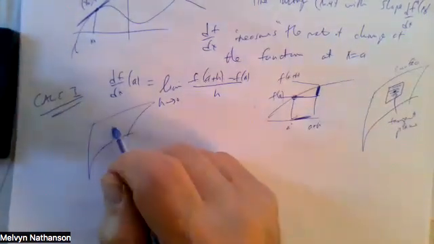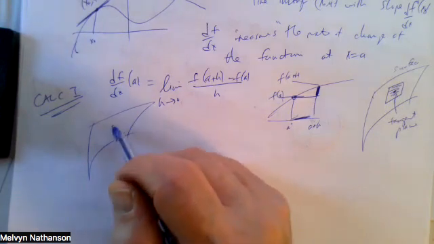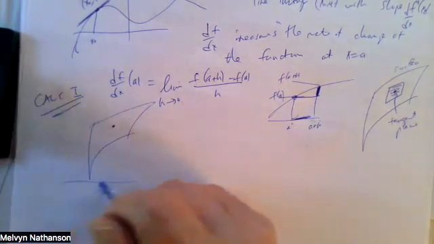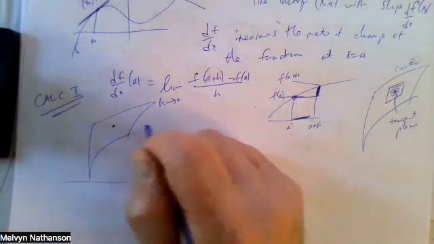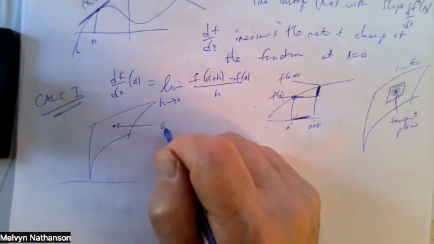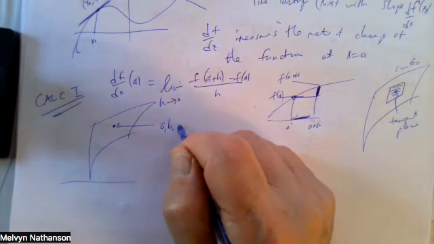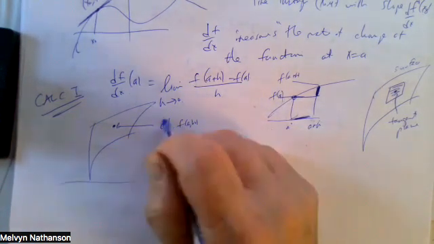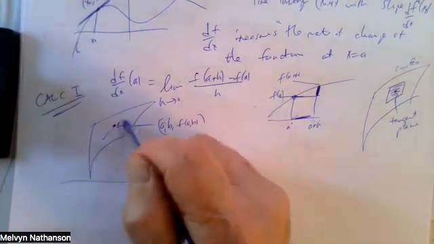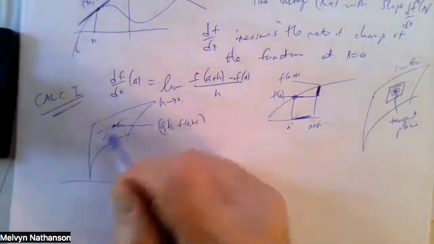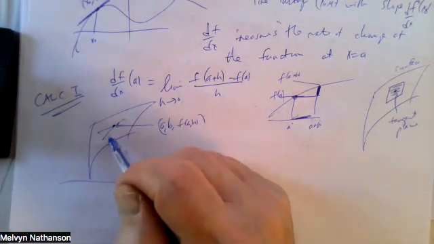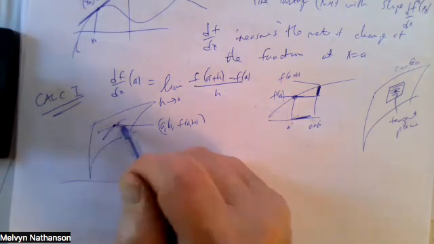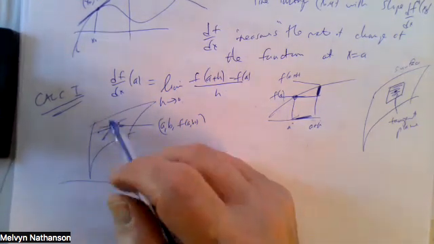The issue is, of course, if you want to know the rate of change of the function on a surface, so suppose you have some function z equals f of x, y, and this is the point, let's say x is a, y is b, and z would be f of a, b. So you want to know at this point how fast the function is changing. And the problem is the rate of change can depend on what direction you're looking in.